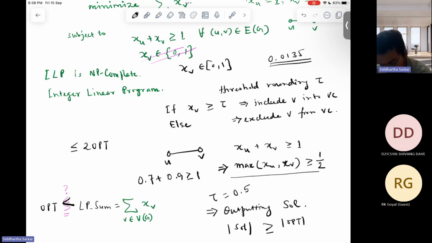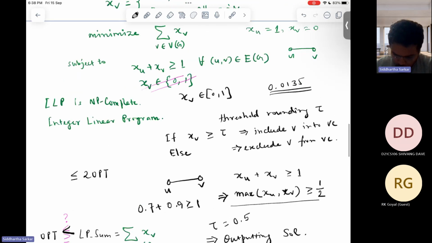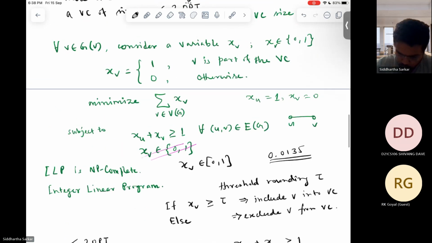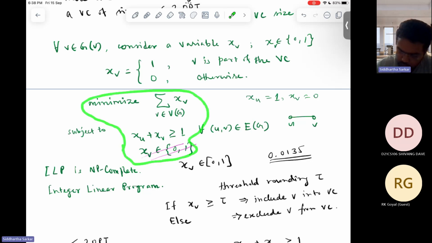Probably. See, let me rephrase what I wanted to say. Let's look at the linear programming formulation. Let us say we have this formulation.